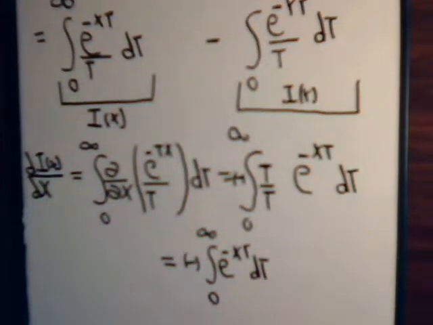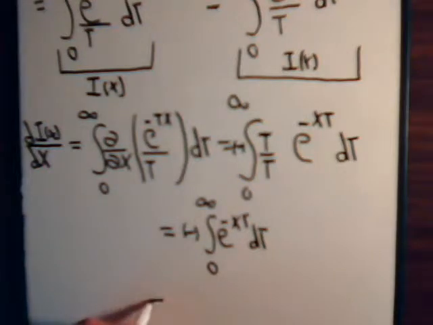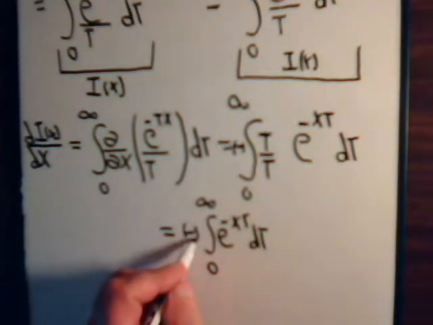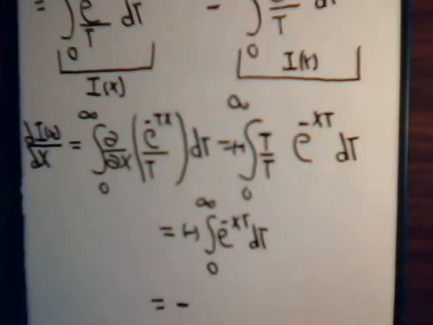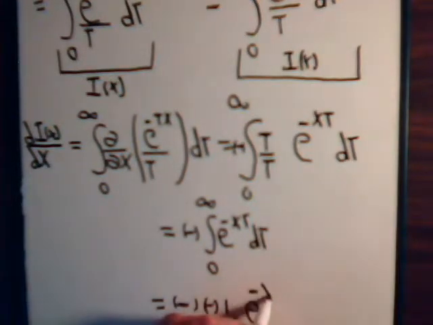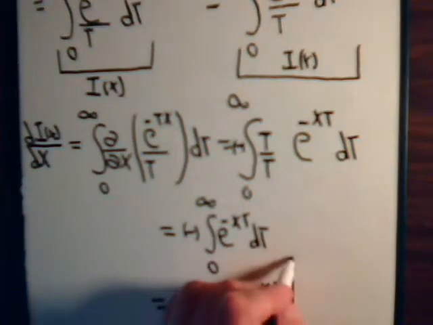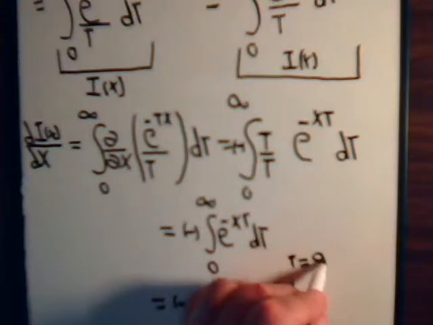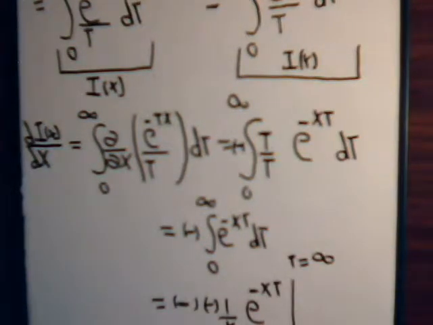So this equals minus, then here we'll have minus 1 over x e to the minus xt, where t goes from 0 to infinity.